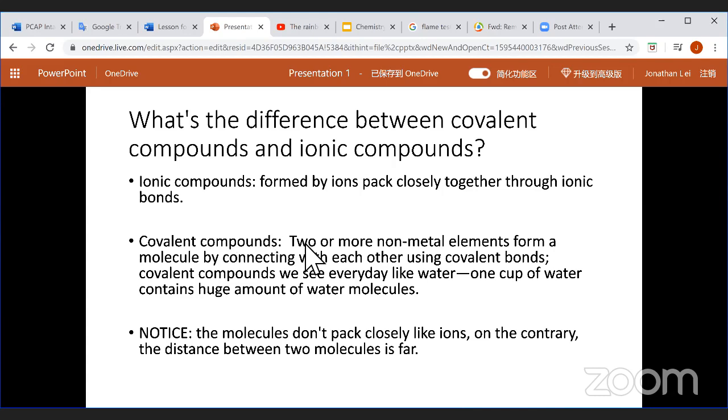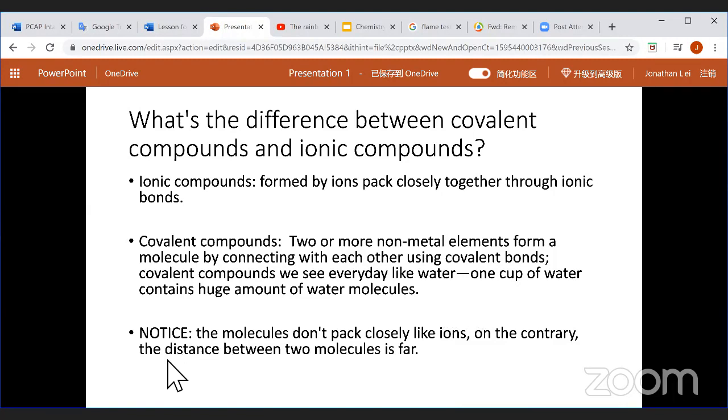And for covalent compounds, two or more non-metal elements form a molecule by connecting with each other using covalent bonds. Covalent compounds we see every day, like water. One cup of water contains huge amounts of water molecules, which is also why the Avogadro number is so big.